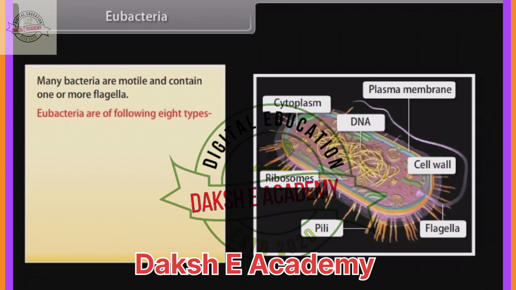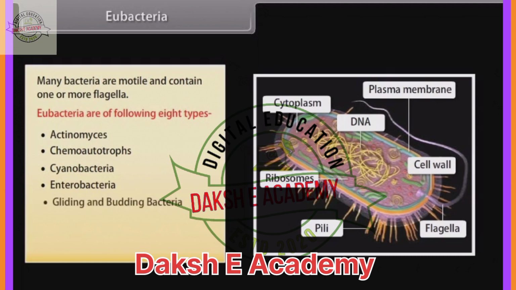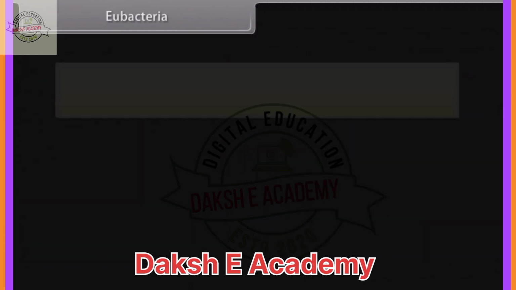Eubacteria are of the following 8 types: actinomyces, chemoautotrophs, cyanobacteria, enterobacteria, gliding and budding bacteria, Pseudomonas, rickettsias and chlamydias, spirochetes.